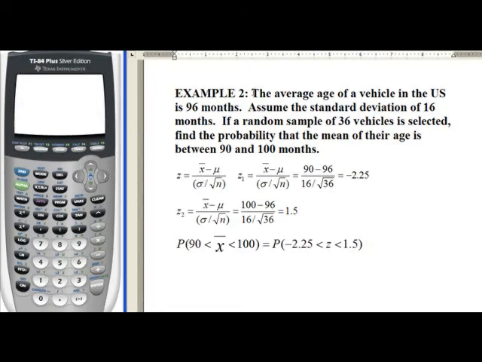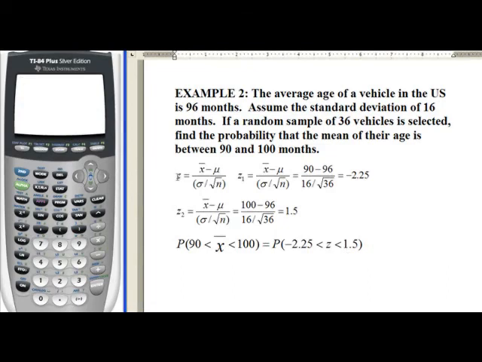For example, the average age of a vehicle in the US is 96 months. Assume the standard deviation of 16 months. If a random sample of 36 vehicles is selected, so that will give it away, a sample is going to be selected. Find the probability that the mean of their age, not their age, but the mean of their age, is between 90 and 100 months.